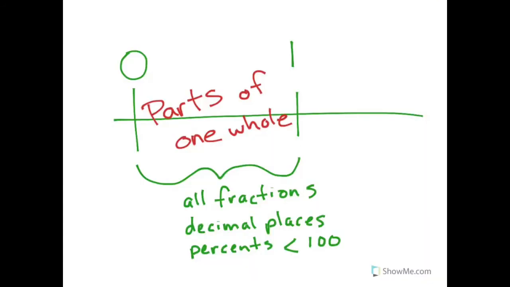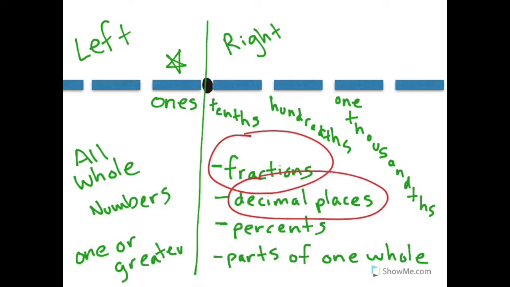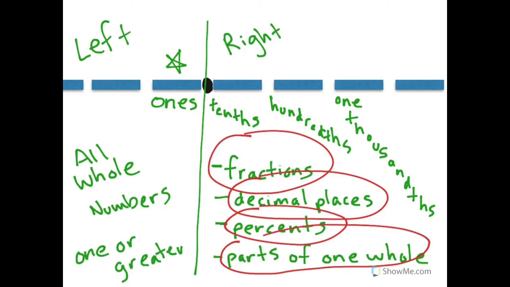Good deal. So, kind of a review here. All of our fractions live to the right of the decimal place, or the decimal place to Andy. Every single one of those are decimal places. All percents live there because they're all parts of one whole. Okay? All whole numbers 1 and greater, they all live over here on the left side.